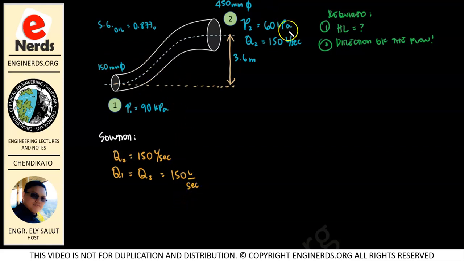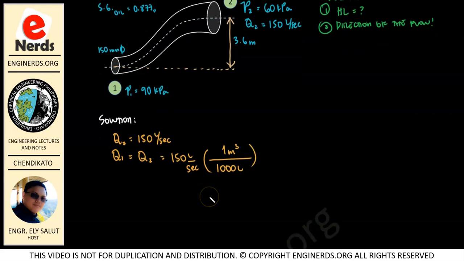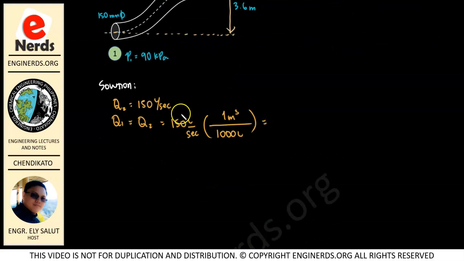Now, as you can see, our units here are in pascals, millimeters, and meters. So we need to convert these liters into cubic meters. Our conversion factor is 1,000 liters in 1 cubic meter. So our Q is equal to 150 divided by 1,000, which is 0.15 cubic meters per second. So we have the value of our Q.